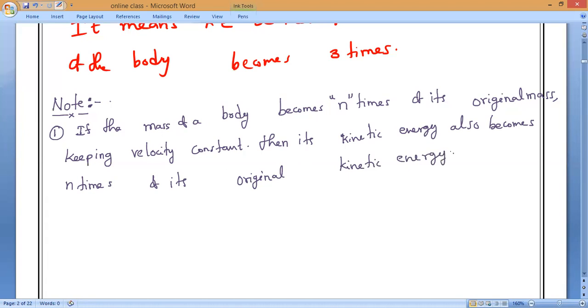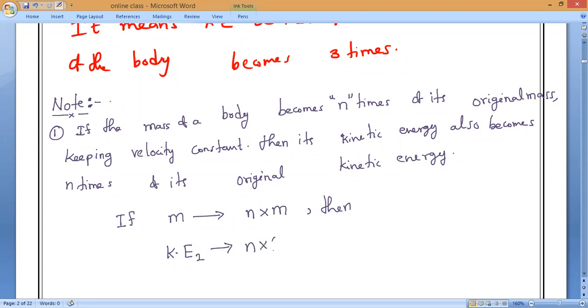So from this, I will write the formula. All of you remember, if M increases n times, if M changes into n times, then the kinetic energy also increases.